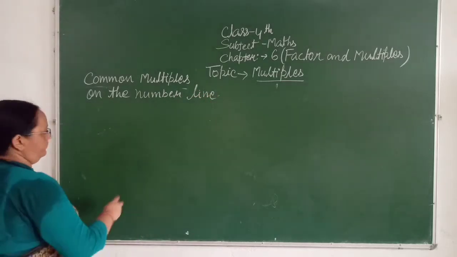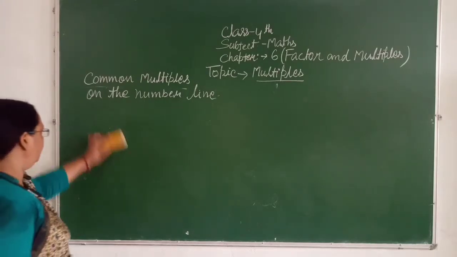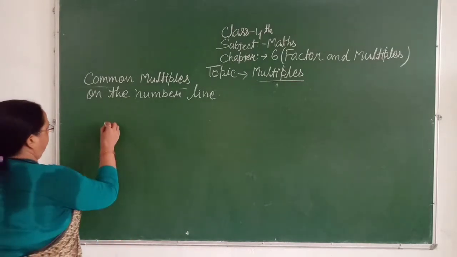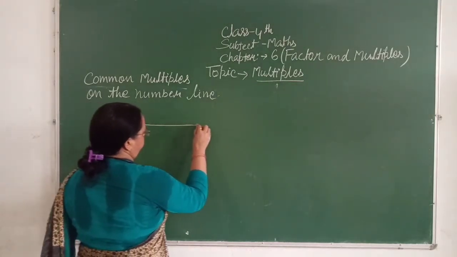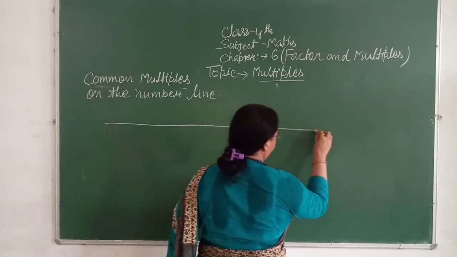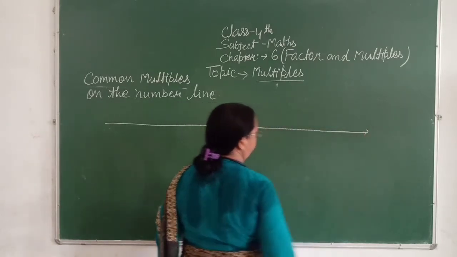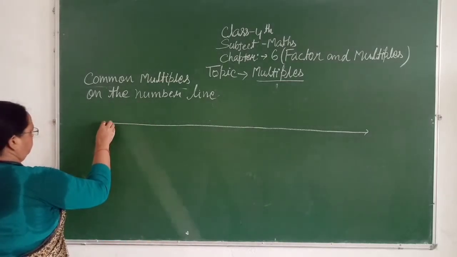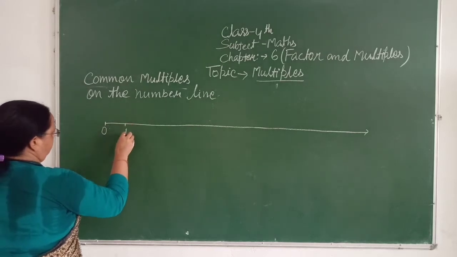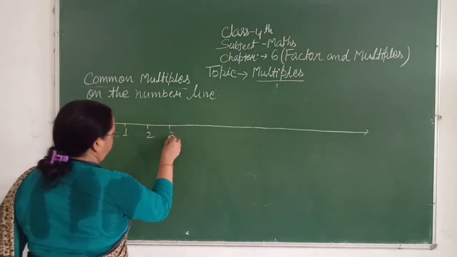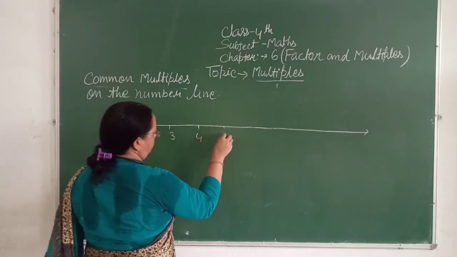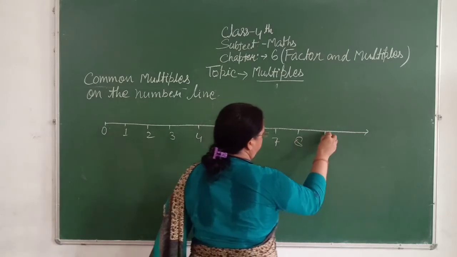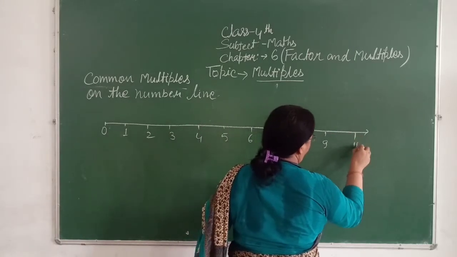So at first we have to draw a number line. 0, 1, 2, 3, 4, 5, 6, 7, 8, 9, 10.